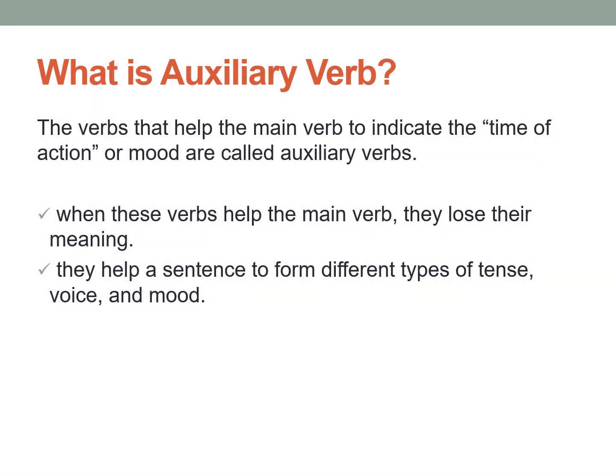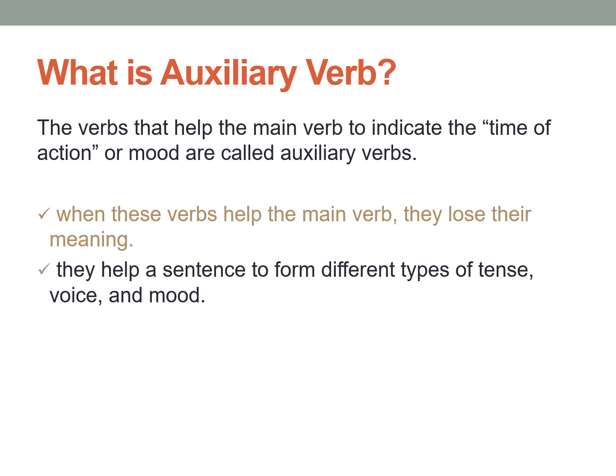Now it's time to know about auxiliary verbs. So what is an auxiliary verb? The verbs that help the main verb to indicate the time of action or mood are called auxiliary verbs.